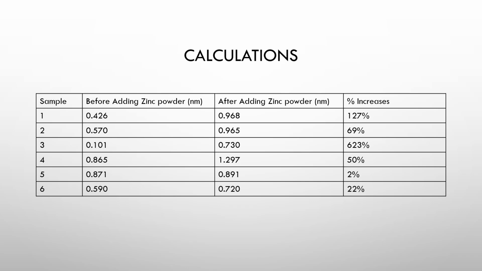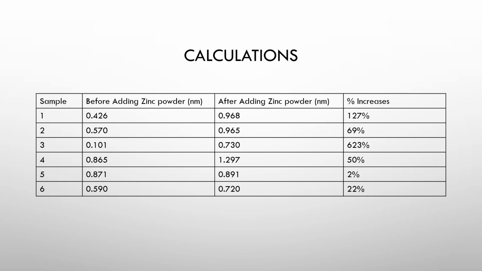And we have calculations. Sample 3 has the largest increase of 623%, suggesting most of its analyte was initially in an untreated or undetectable form. Sample 5 shows almost no increase, meaning most of its analyte was already in a detectable form. The increases in other samples vary depending on the fraction of analytes that required reduction by zinc.